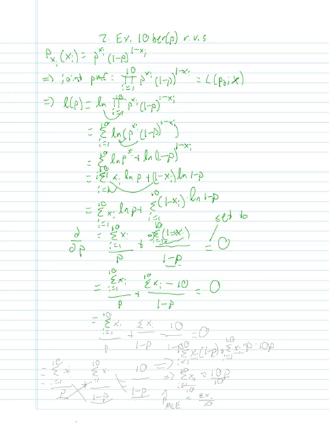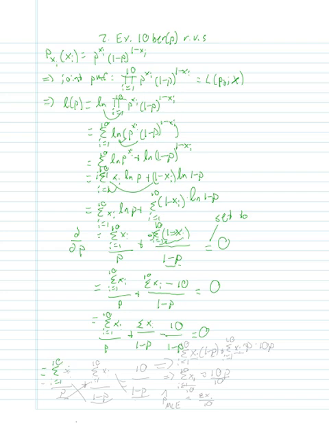So we have the sum from i equals 1 to 10 of xi over p plus the sum of xi over 1 minus p minus 10 over 1 minus p is equal to 0.